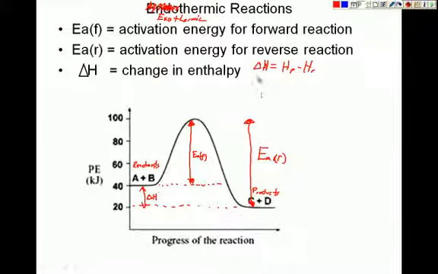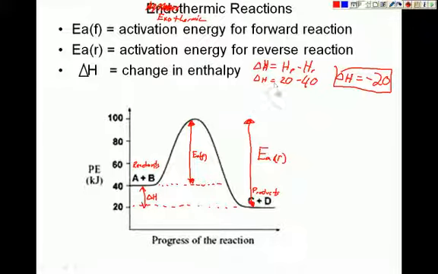Or in other words, our delta H equals HP of our products is 20 minus HR of our reactants is 40. Delta H equals minus 20. Okay?